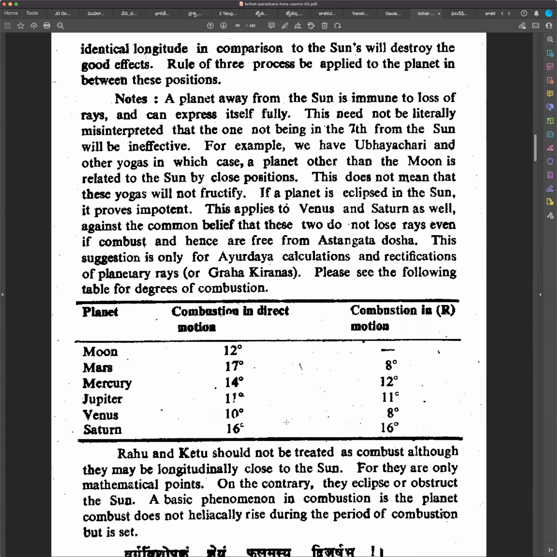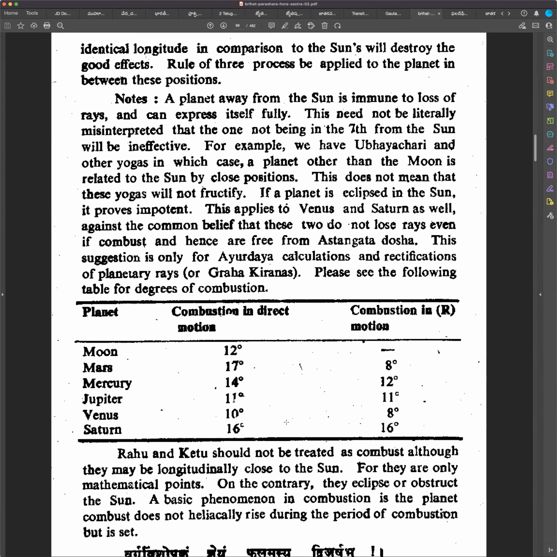Suppose the enemy planets like Saturn, Venus and others. Rahu and Ketu, anyway, we are not taking into combustion. But these planets are enemies as well as combust, so definitely the effect will be in a negative manner.